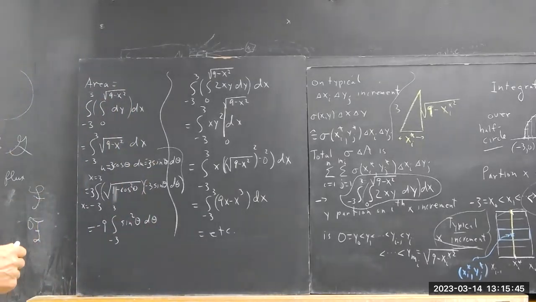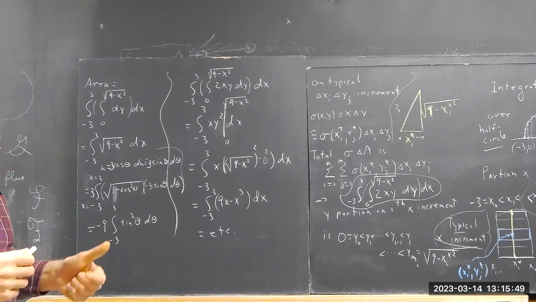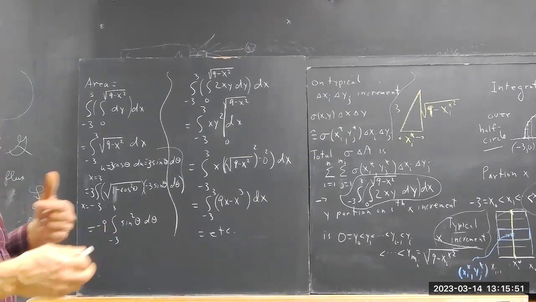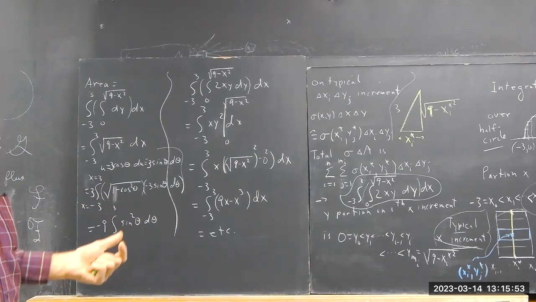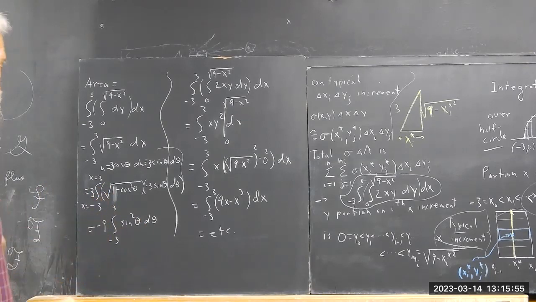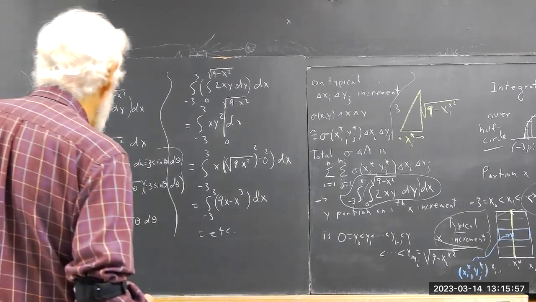Okay. A couple of ways to do that. Sine squared can be expressed in terms of sine or cosine of 2 theta. So that's perfectly legitimate.